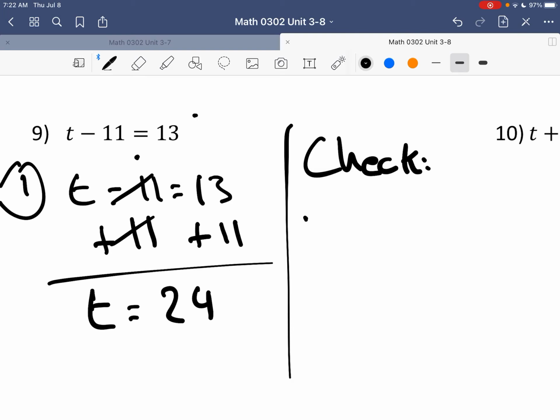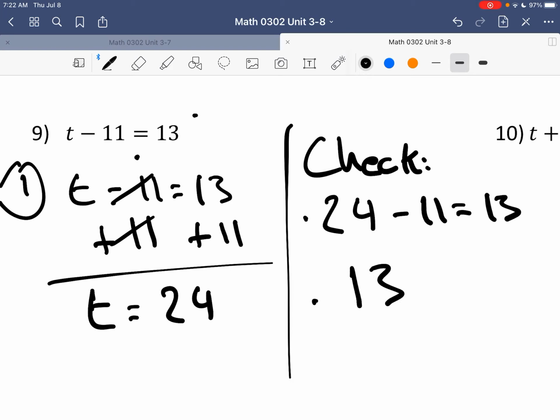In the original equation, wherever we see the t, we'll plug in the 24. 24 minus 11 equal to 13. 24 minus 11, what is the result of that subtraction? That's also going to be a 13. And then on the right-hand side, 13.